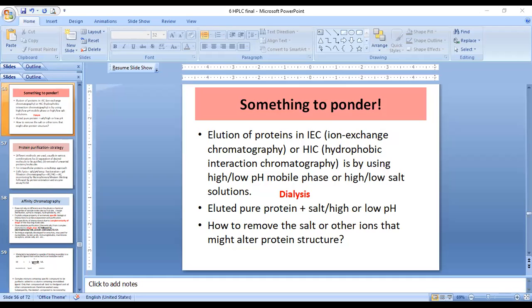Now, sometimes when the different protein components in that mixture come out in the mobile phase, that mobile phase already has some salt, isn't it? It may be a high concentration of salt, or maybe a low concentration.